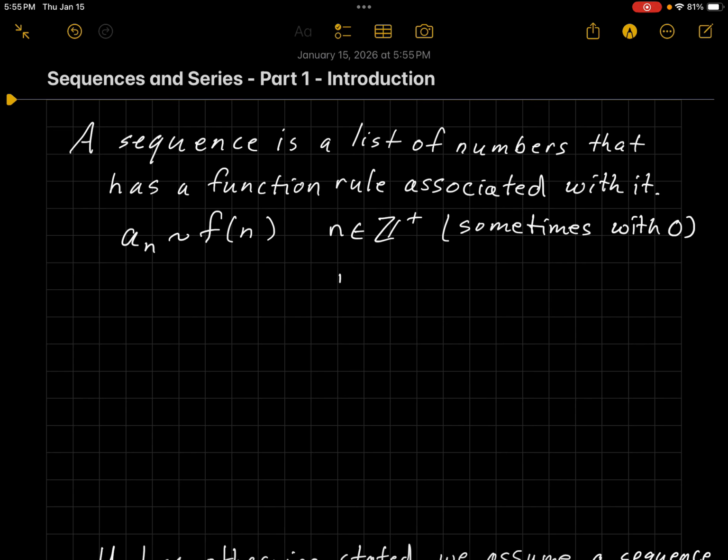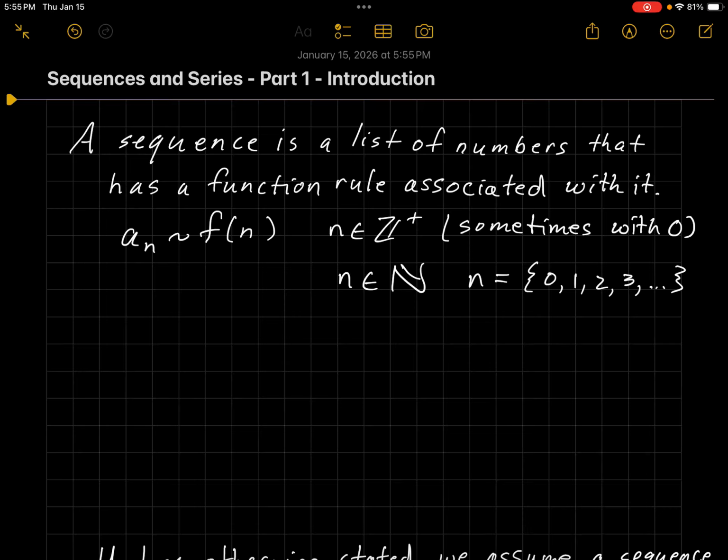We could also write n as one of the natural numbers, sometimes with 0 also, which means n is usually 0, 1, 2, 3, etc. But I can really start at any n value 0 or greater.